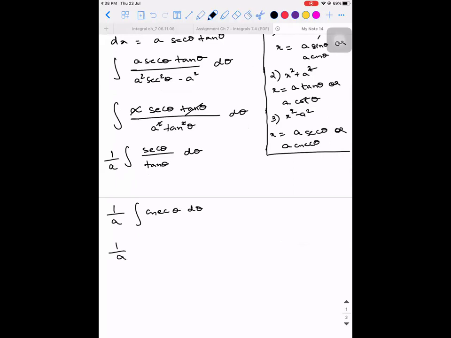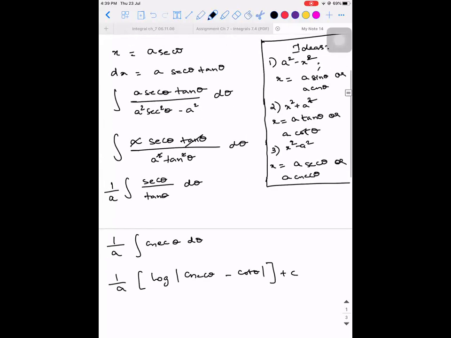Formula for cosecant theta: log of cosecant theta minus cot theta plus c. Correct? So if x is equal to a secant theta, then I am taking a right angle triangle. If this is theta, then secant theta is, am I right?